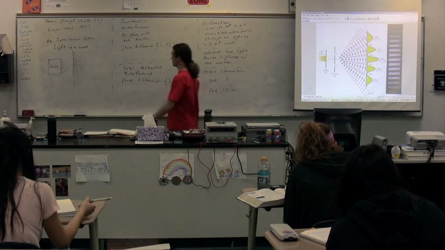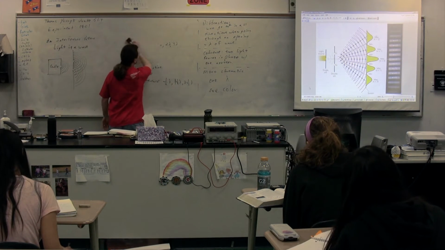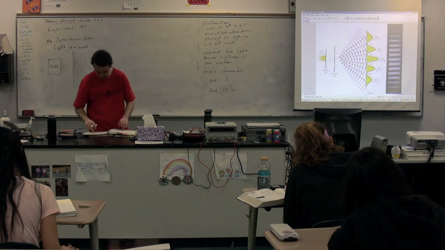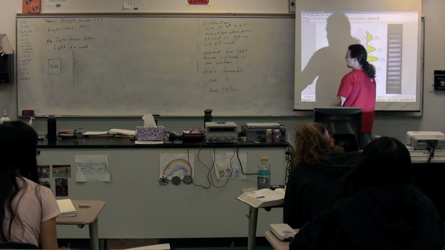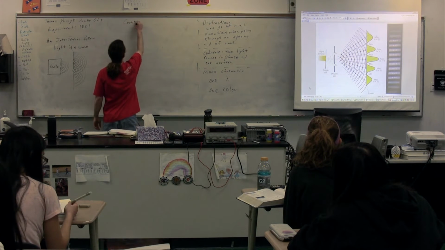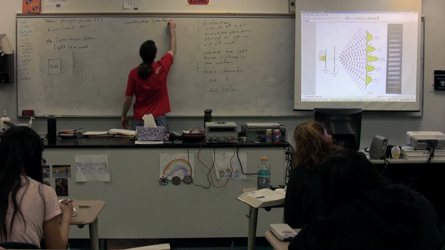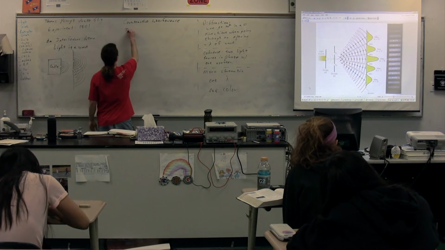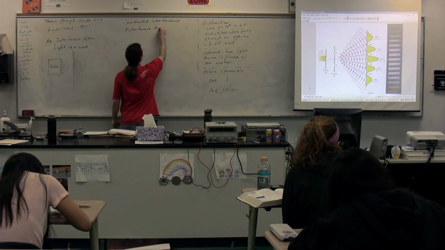Let's talk about specifically why and what they're called, all the various terminology. So, this spot right here, where we have constructive interference, we have a bright light, and that is called an interference maxima.